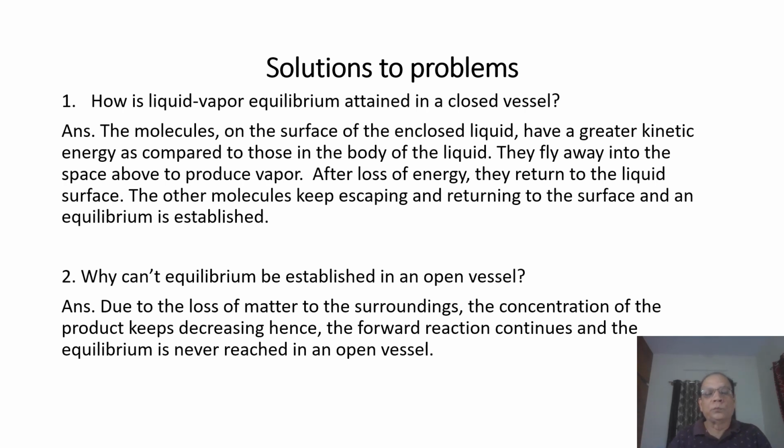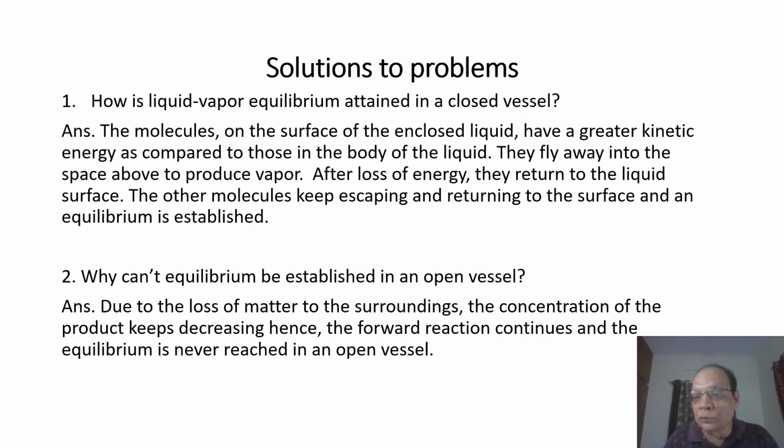So, some problems. How is liquid vapor equilibrium attained in a closed vessel? The molecules on the surface of the enclosed liquid have a greater kinetic energy as compared to those inside the body of the liquid. So the molecules having higher energy tend to fly away into the space above, producing the vapor.